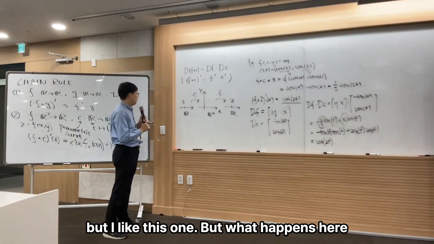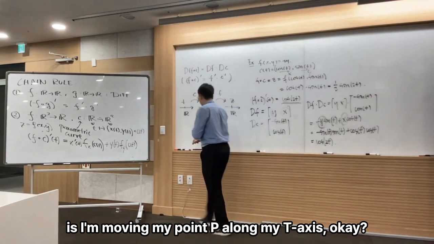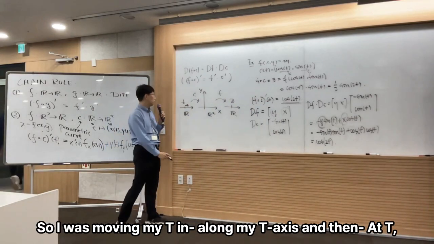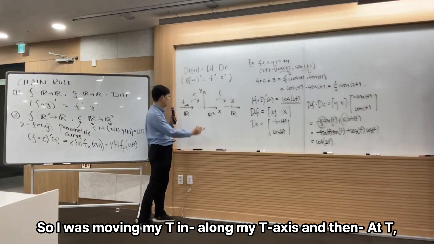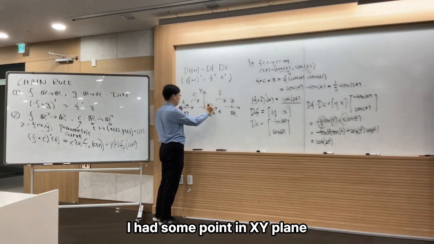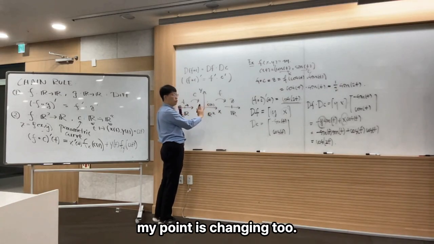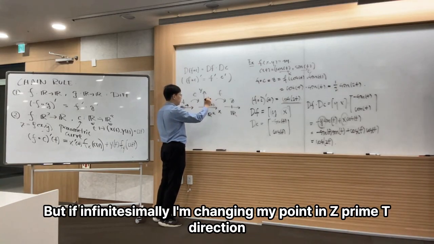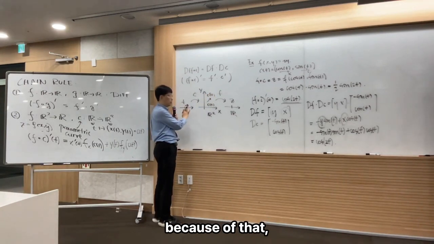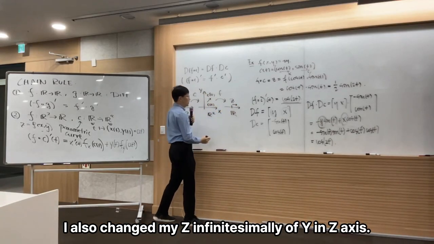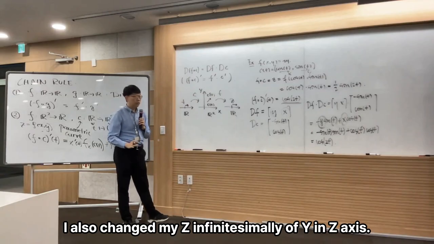I'm moving my point t along my t-axis, and at t I had some point in the xy-plane. Because I changed my t, my point is changing too. Infinitesimally, I'm changing my point in the c prime t direction. And because I changed my coordinate in this direction, I also changed my z infinitesimally in the z-axis.